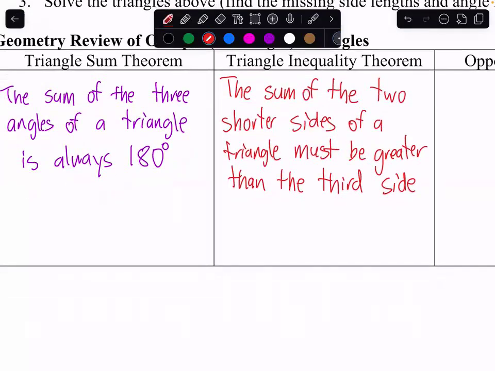This one will be very helpful to us to determine if our side lengths make sense or not.